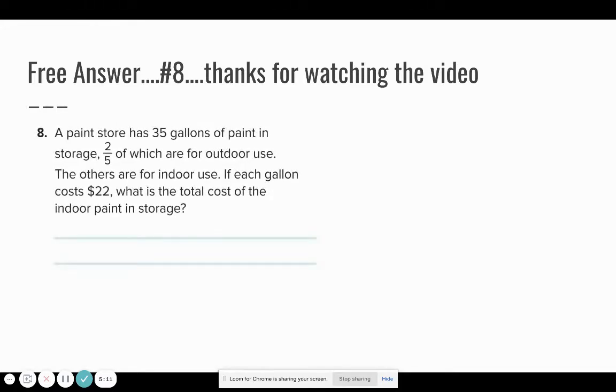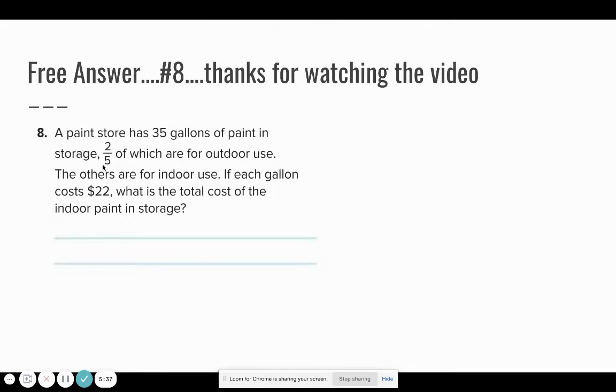A paint store has 35 gallons of paint in storage, 2/5 of which are for outdoor use. The others are for indoor use. If each gallon costs $22, what is the total cost of the indoor paint in storage? Wait, what? So what I do when I have story problems is I slow my thinking down and I try to identify what my numbers mean. I've got 35 gallons of paint.